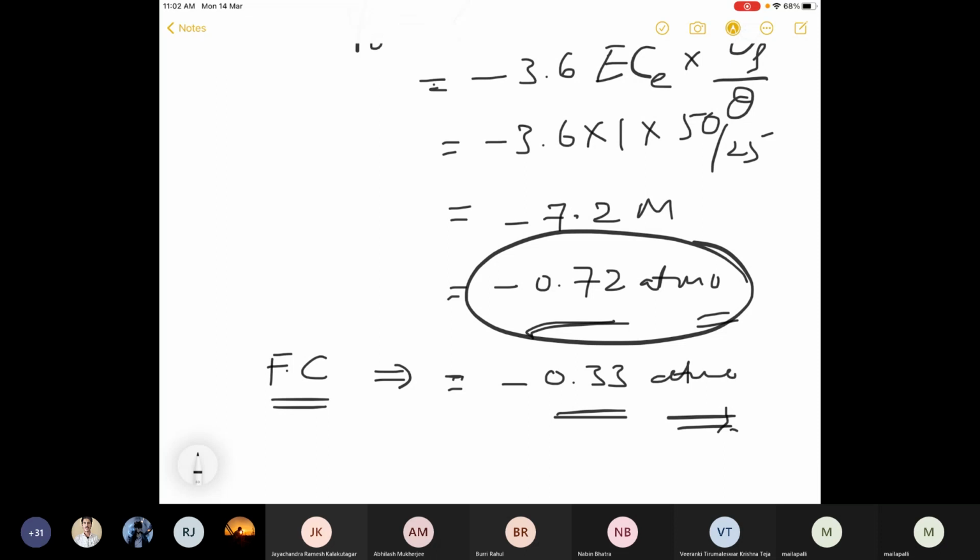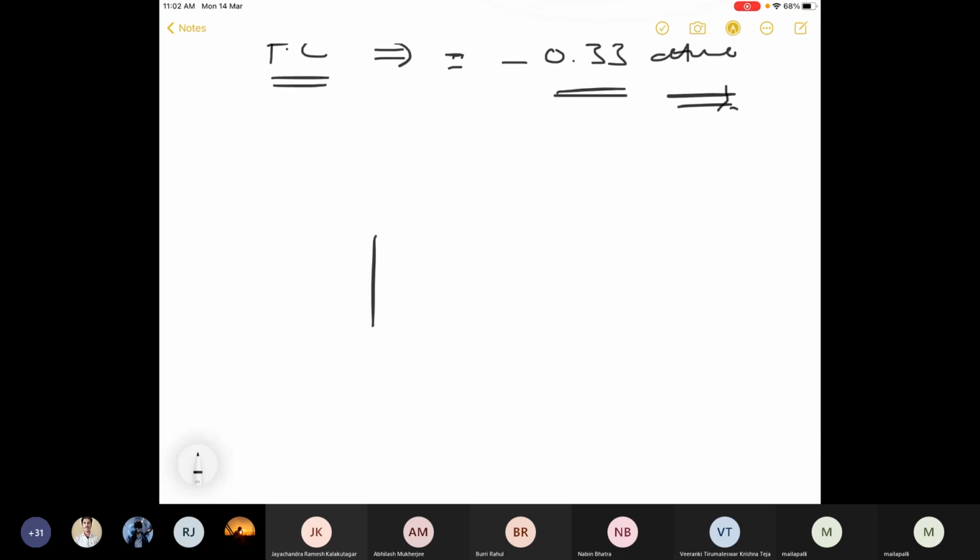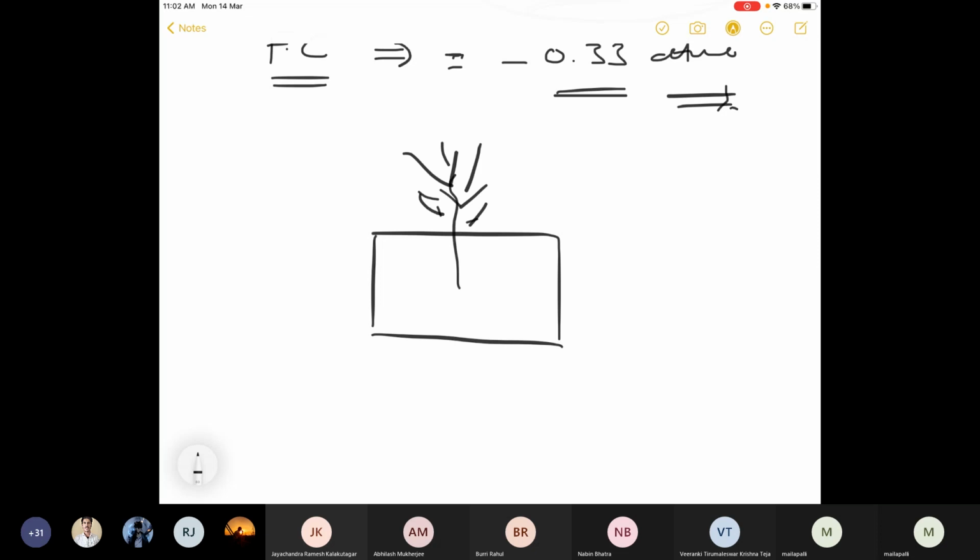Here our control volume will be the plant root zone. With the plant root zone as the control volume, we would like to see what are the ins and what are the outs, and then finally see the balance.